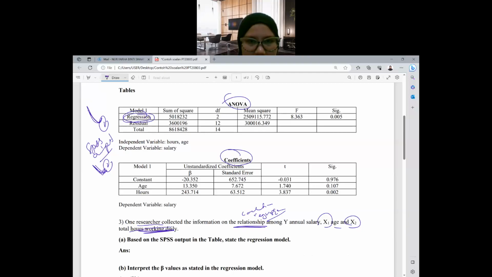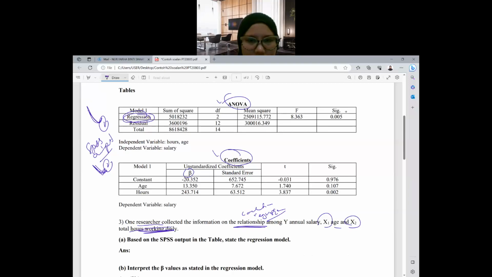Even if they didn't state the regression, the layout of this table shows it is the interface output for regression. If there is a beta value, and we have the ANOVA and the coefficient table, this is the SPSS output for regression. So you have confirmed that this analysis is using linear regression.